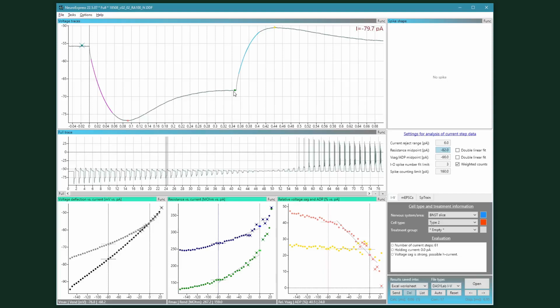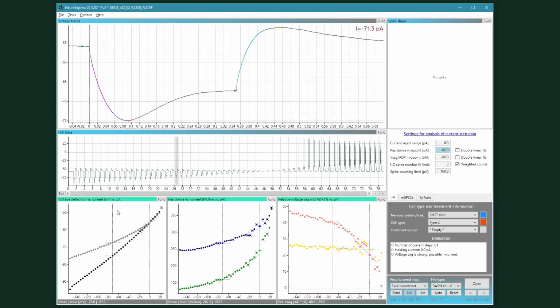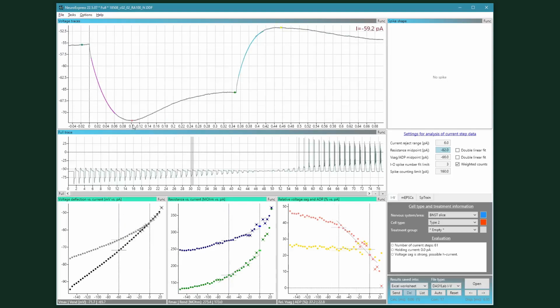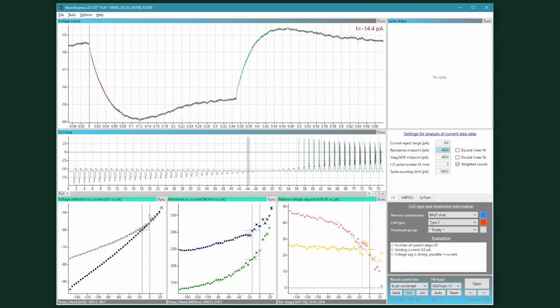So here we will have a baseline, or we can also call it resting membrane potential, the most negative voltage deflection, and the steady state voltage deflection. And based on these different values, we can see the black and gray trace.